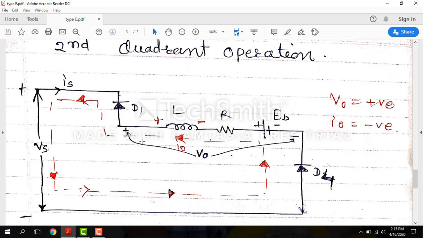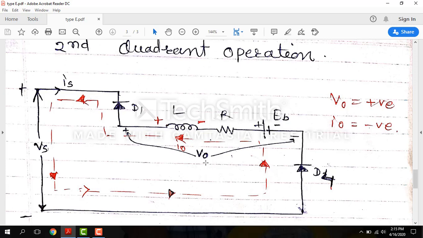But the output voltage is positive, as the positive terminal of the supply voltage is connected to this positive and the negative to this negative terminal. So the output voltage will be positive. These are the operations in the first, second, third and fourth modes.